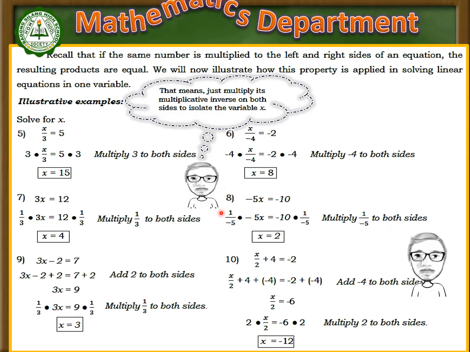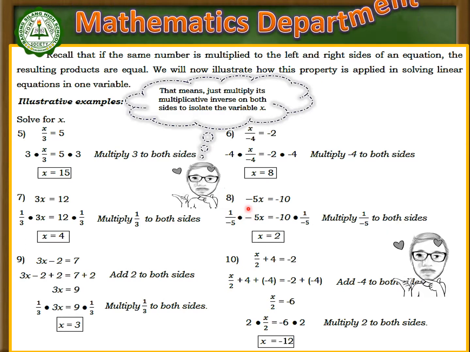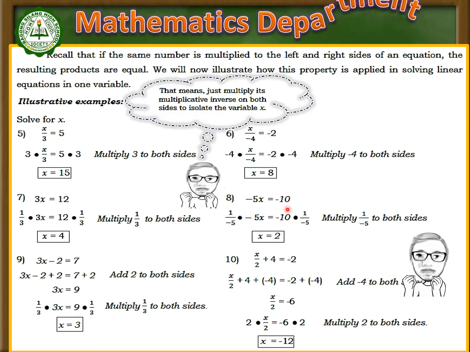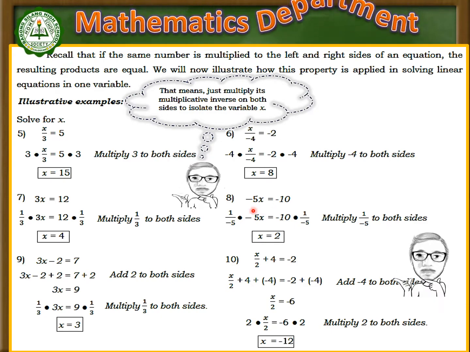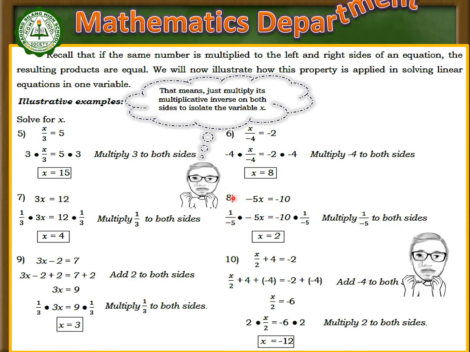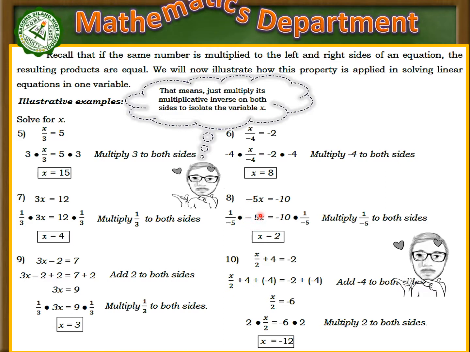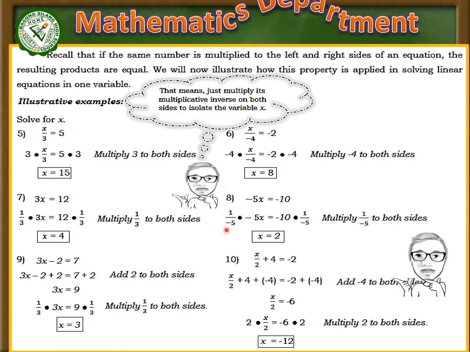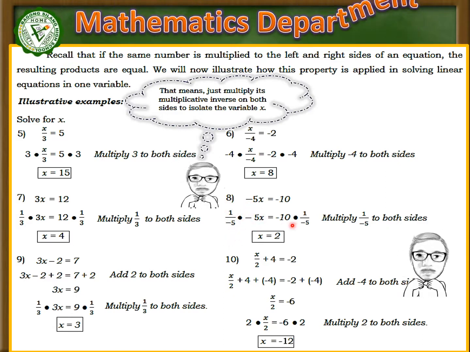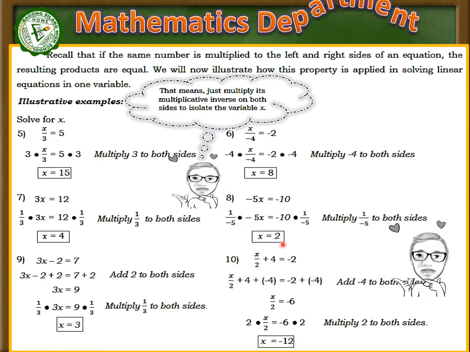Let's have number 8. -5 times a number equals -10. What is the number? Okay, so applying the multiplication property by taking the multiplicative inverse of -5, and that's 1 over -5, the result will be x equals 2.